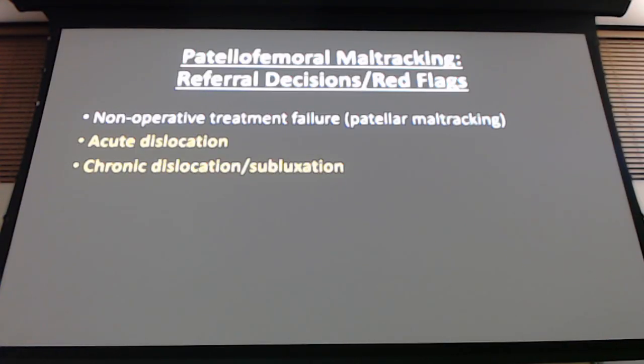But I reduced it myself, fine. It's like, great, we got to get another MRI because you have dislocated it again, right? Every time you dislocate, you MRI, right? Because things change, right? So get a sense of how many times and how frequently within the last reasonable amount of time, 6 months, let's say, okay?